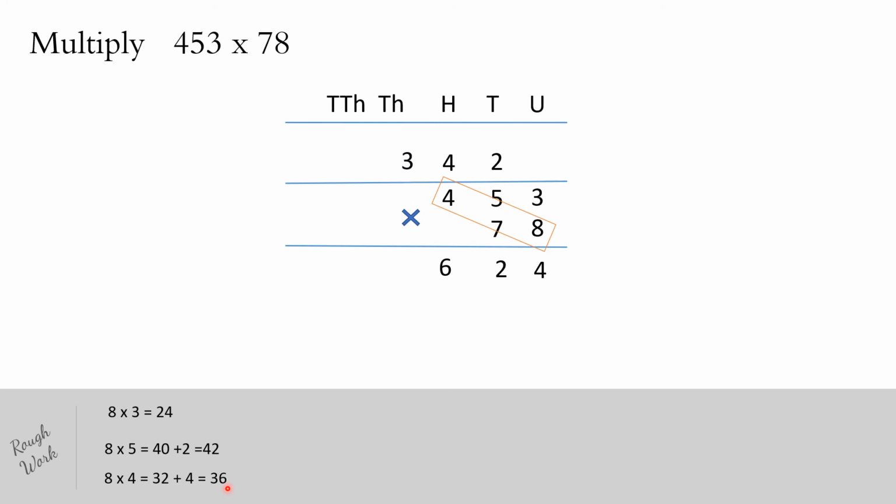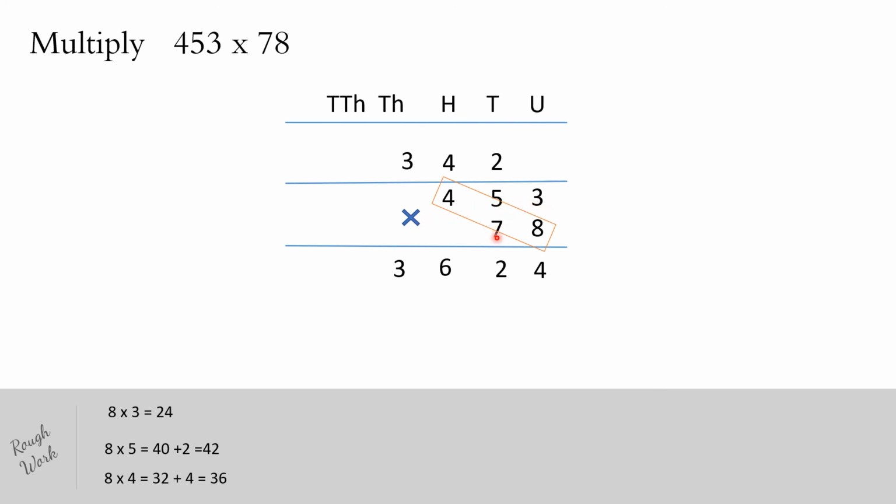But as there is no other digit to multiply, we will write this 3 down as it is. So 453 multiplied by 8, we got the answer 3,624.